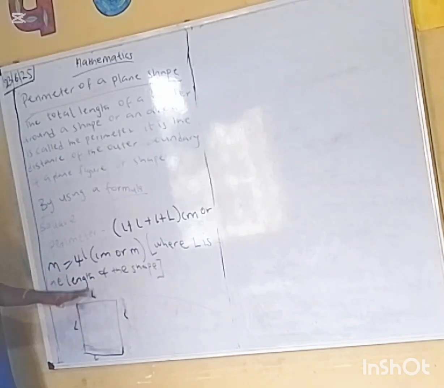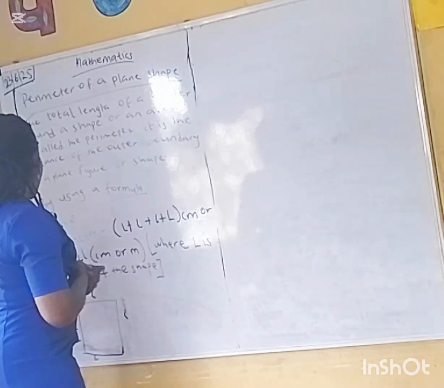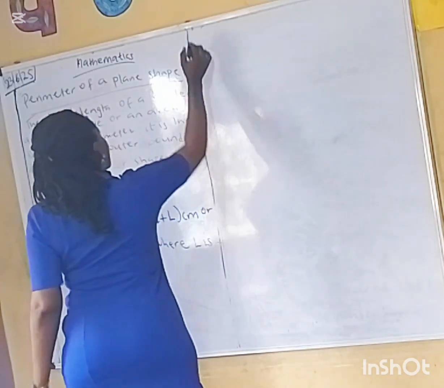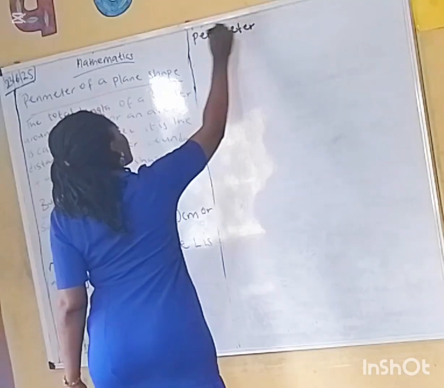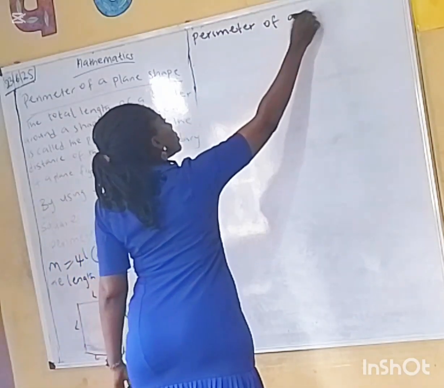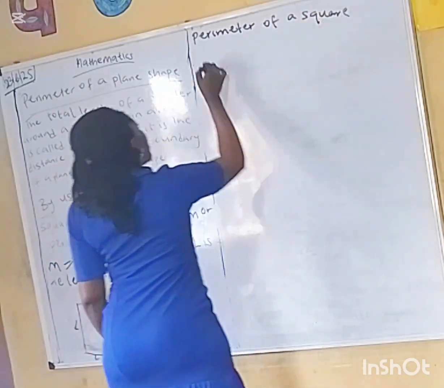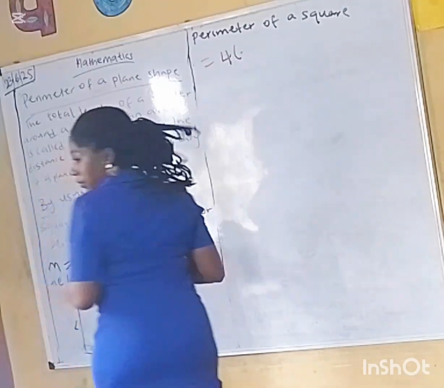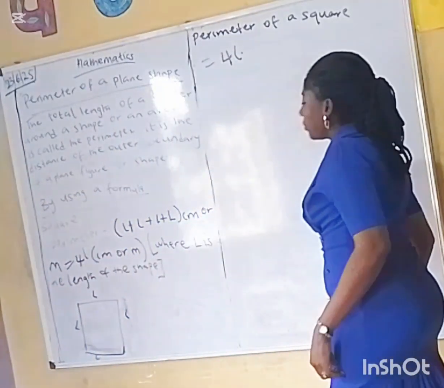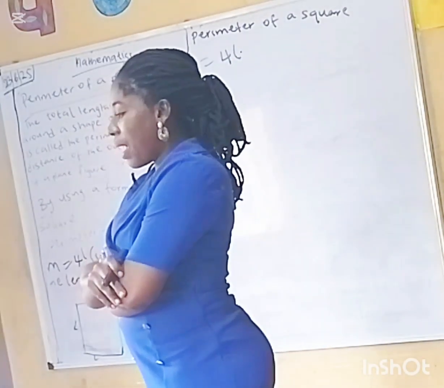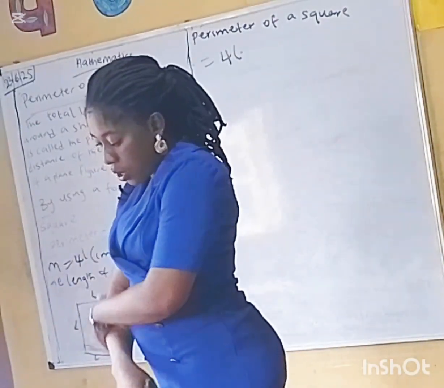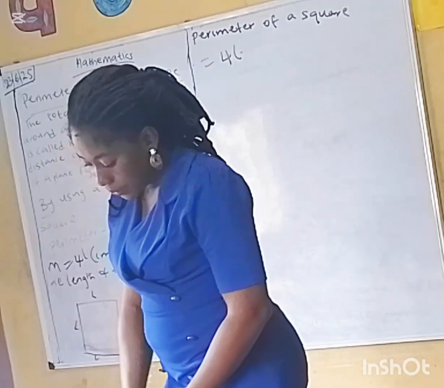So 4 times the length that is given is the formula for the perimeter. You can now simply say the perimeter of a square is equal to 4 times length. Are we clear with that?